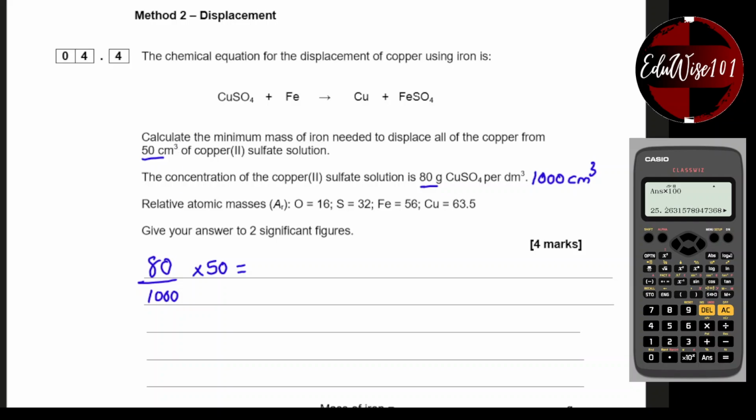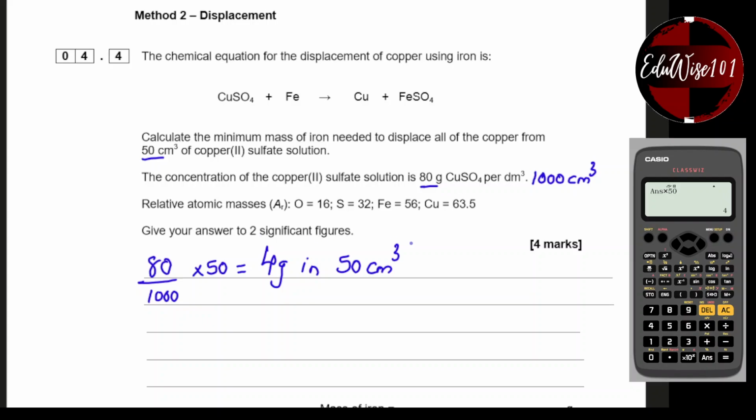So let's do that. 80 divided by 1000 is 0.08. Then multiply that by 50 gives me 4 grams. So that's 4 grams in 50 centimeter cube.